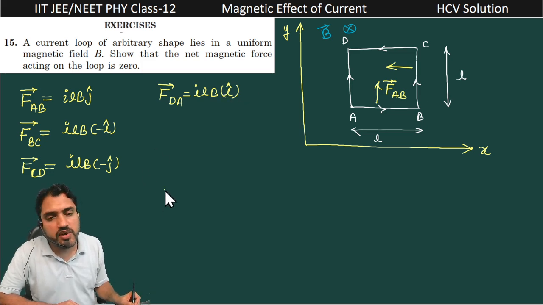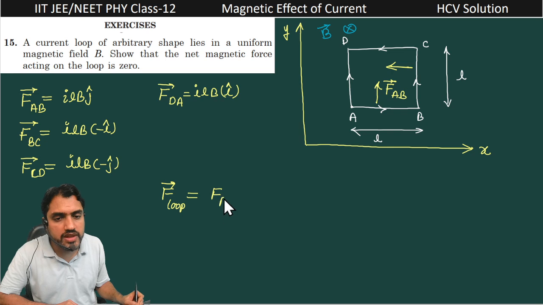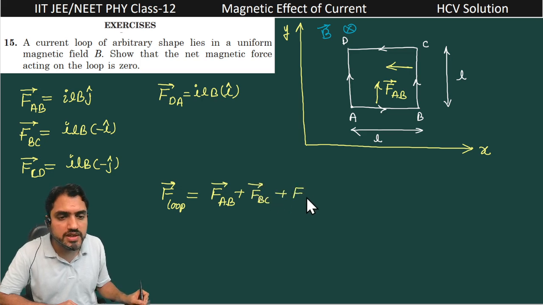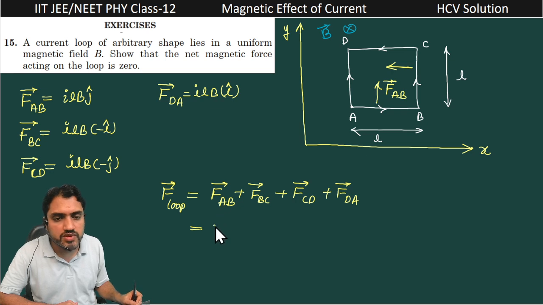Now, if we take the net force on the loop, it is the force on AB plus force on BC plus force on CD plus force on DA. Definitely all these forces will cancel out. The first force is ILB J cap. The second force is minus ILB I cap.